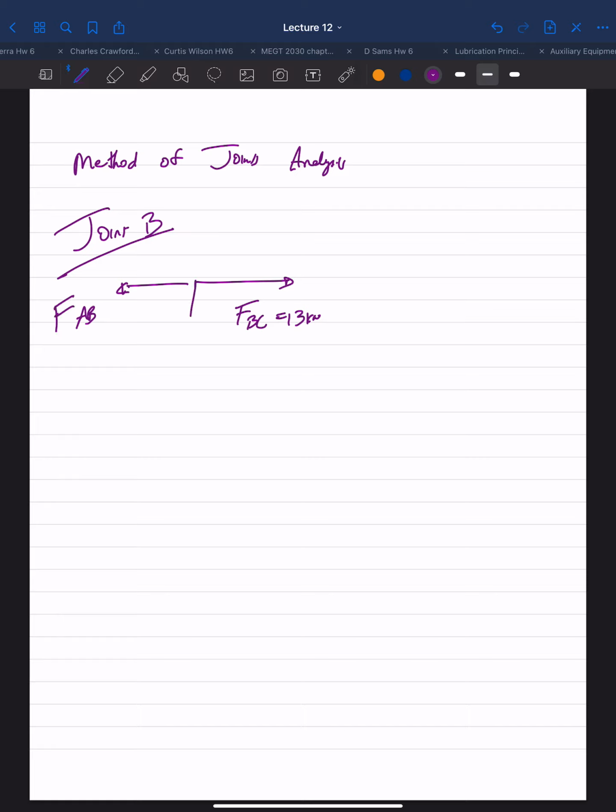You have the 9 kilonewton P1 coming down. You have the FBF, which is the member force in question. And you have the FBE, which we just calculated as 1.41 kilonewtons.